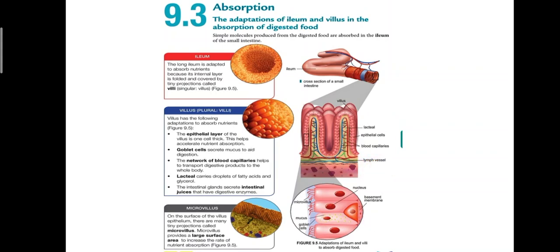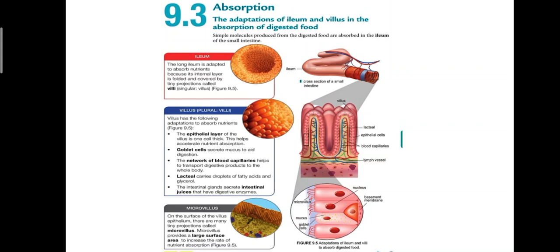The epithelial layer of the villus is only 1 cell thick, so this will help nutrient absorption. And the goblet cell will secrete mucus to aid digestion.